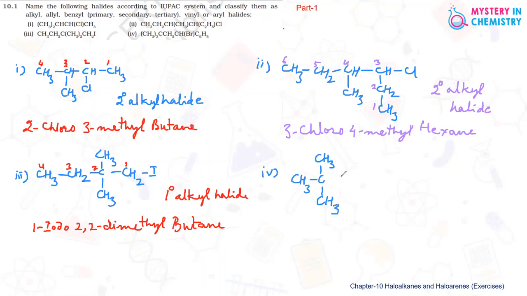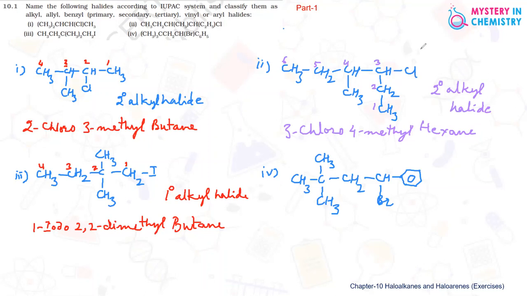So this should be the structure, and after that it is attached to a CH2 group, and then again a CH group, and at this CH group one bromine must be present, which is given in the bracket, and then C6H5. So this is a phenyl group. You can write the phenyl group like this also, or it is C6H5. In both cases it is a phenyl group.